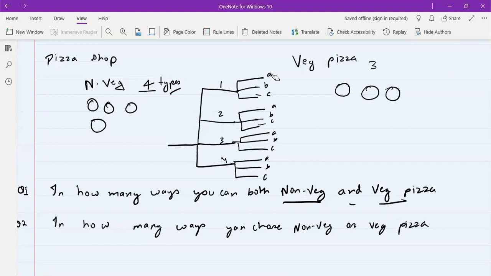So the answer here, if you think about it, was 4 into 3, but the answer here is 4 plus 3. Right, everyone? Yes, Janvi, very good. Everyone got the concept. Now think what we are doing. We are just doing the counting.